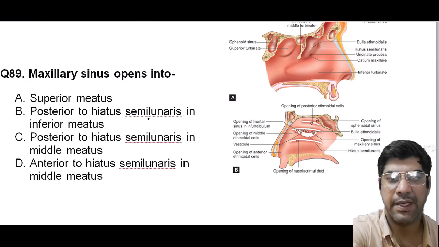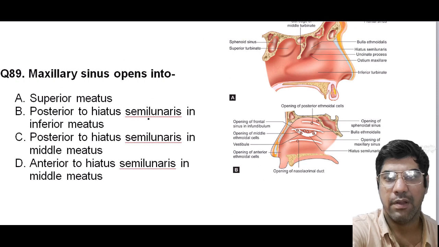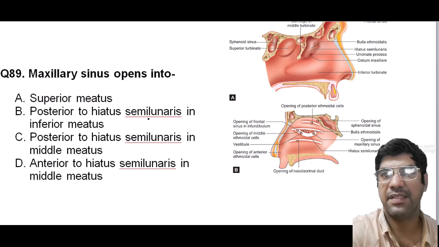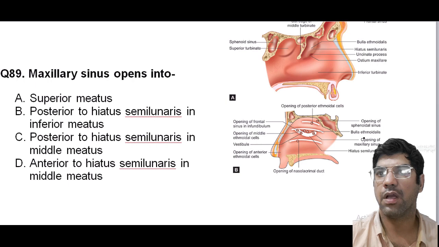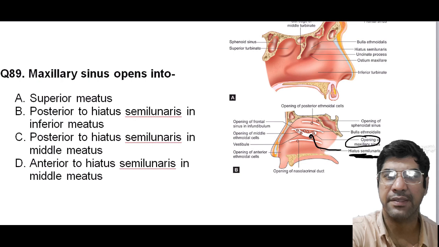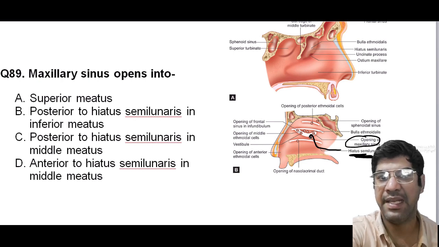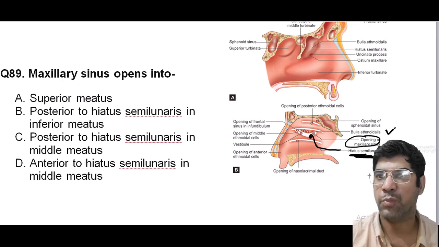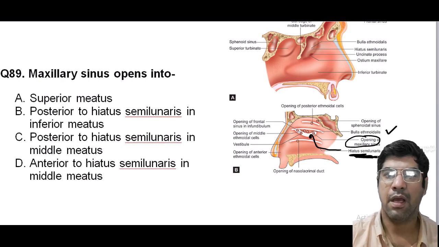The maxillary sinus opens into the middle meatus. At the opening of the maxillary sinus, there is a region known as the hiatus semilunaris. In the middle meatus, there is an elevation, that is the bulla ethmoidalis, and below it there is the hiatus semilunaris.